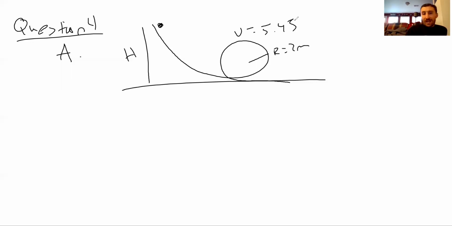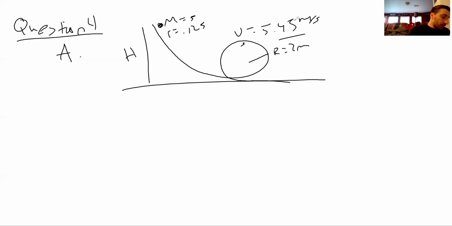All right, so we have a ramp with a loop-the-loop with a radius of 2 meters. We have a ball with mass 5 kilograms and a radius of 0.125 meters. And we know at the top of the loop it has a velocity of 5.45 meters per second.